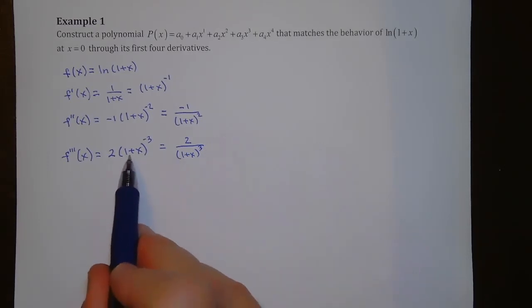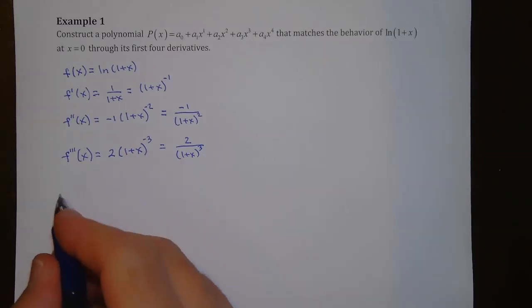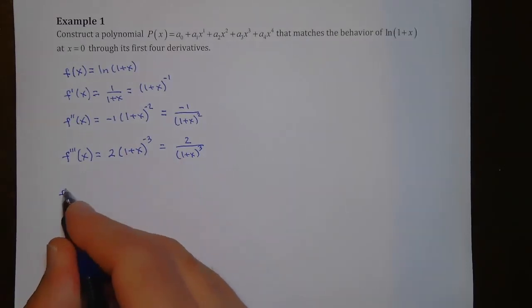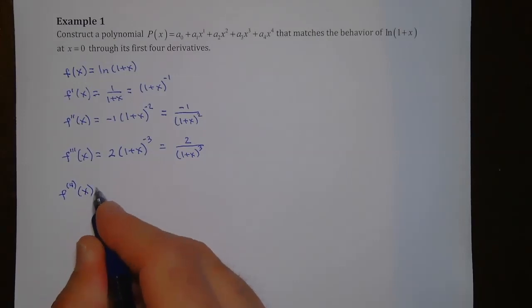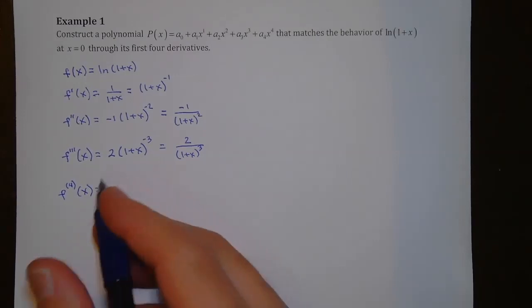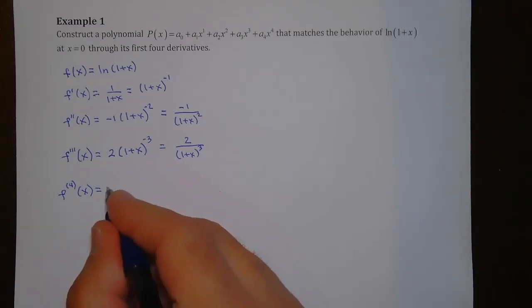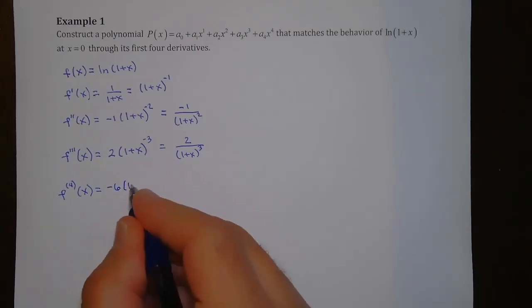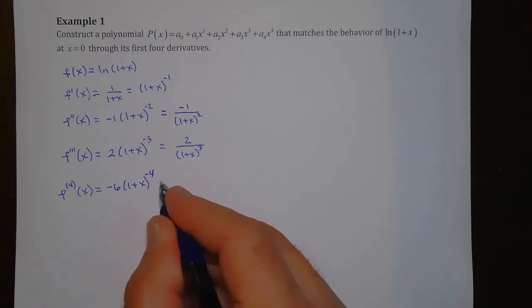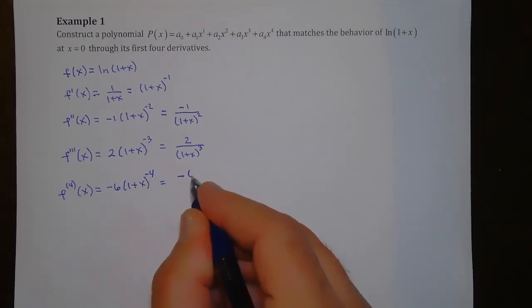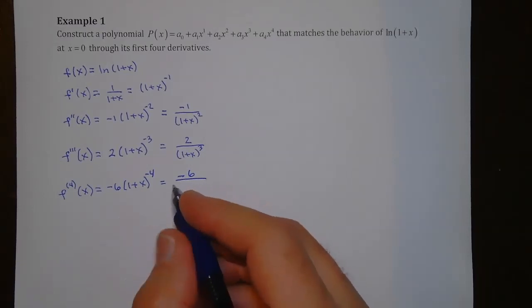Again, it's going to be easier to take the fourth derivative from this one than this one. So the fourth derivative at x would be -6, because 2 times -3 is -6, times 1 plus x raised to the -4 power. A better way of writing that is -6 over 1 plus x to the 4th power.